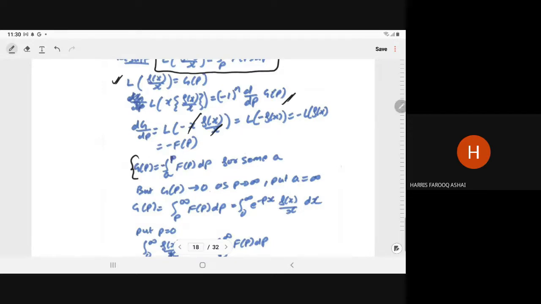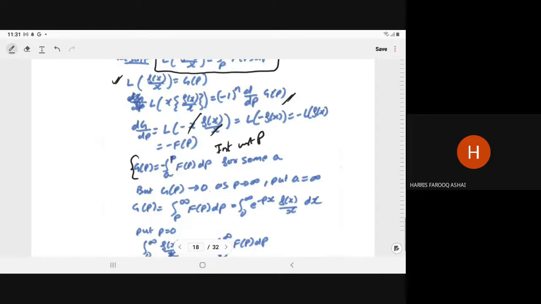So from here, we have g is equal to the integral with respect to p. So g(p) is equal to the integral from a to p of f(p) dp for some a. But g(p) is what? You know, any Laplace transform tends to 0 when p tends to infinity.